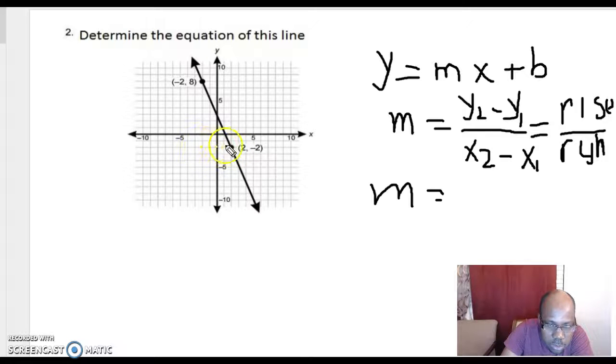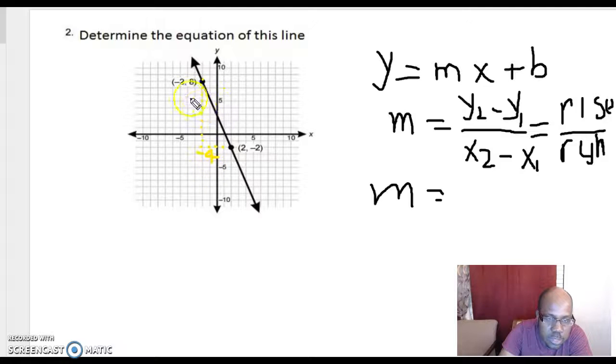I go left, moving from this point to this point. First of all, I go left: 1, 2, 3, 4. That gives me 4, so that's minus 4. And then I go up: 1, 2, 3, 4, 5, 6, 7, 8, 9, 10.